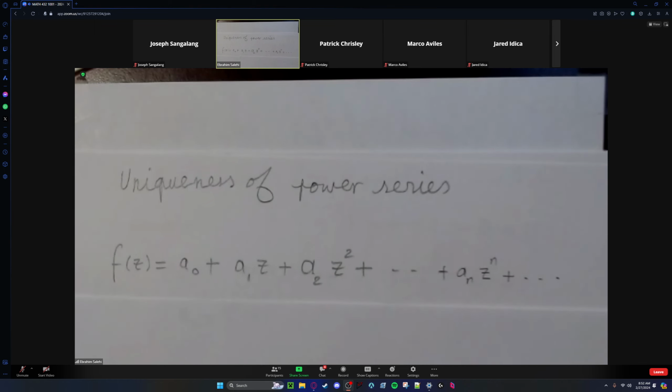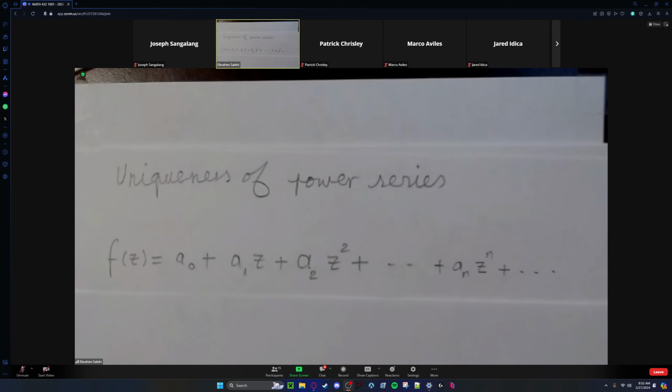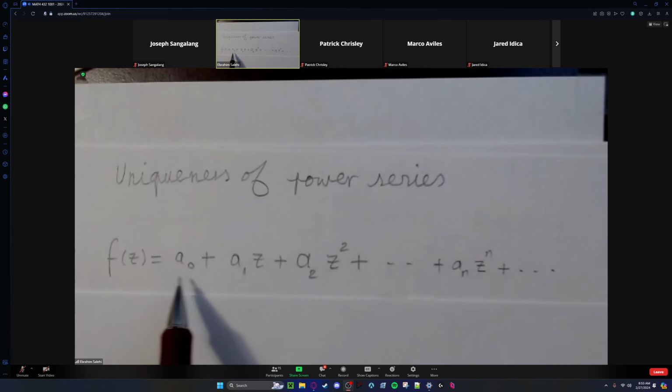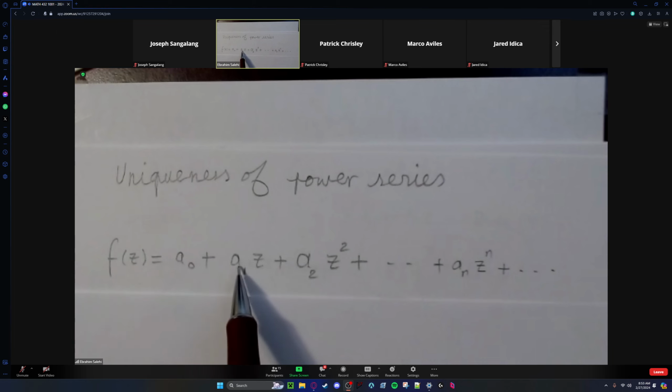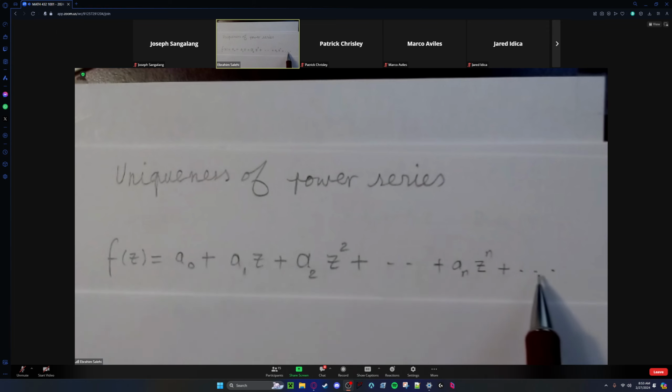As I said, within the disk of convergence, this is a very beautiful function, continuous, has derivatives of every kind. So you evaluate this function at 0. Let z be 0.